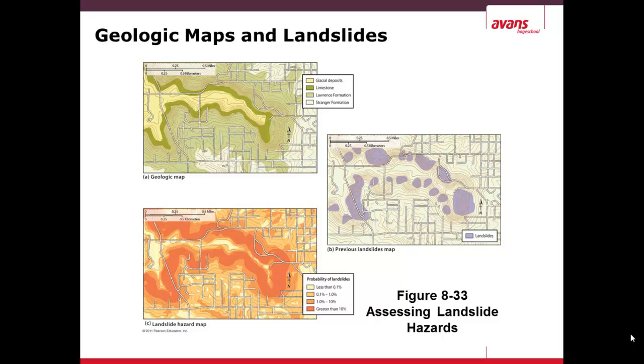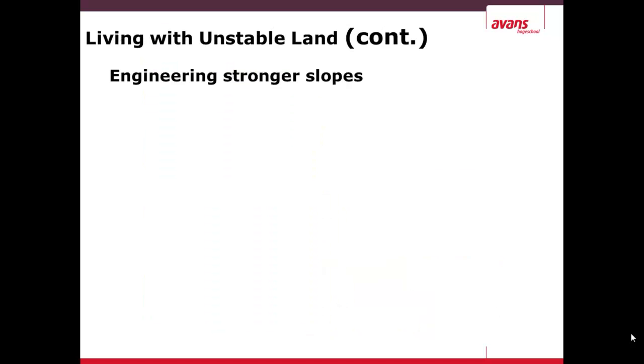These two you can put together and develop a landslide hazard map, where the probability of landslide in the red zone is quite high, more than 10%, because this overlaps with a limestone, which means limestone can create a karstic environment, and also that previous landslides had happened there. So those two factors together increase the probability of a landslide happening and increasing the hazard.